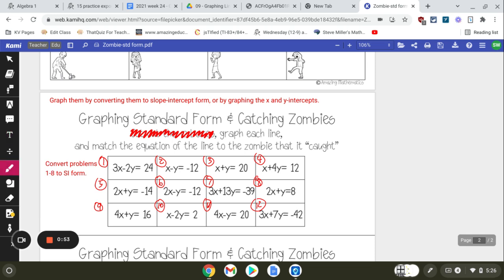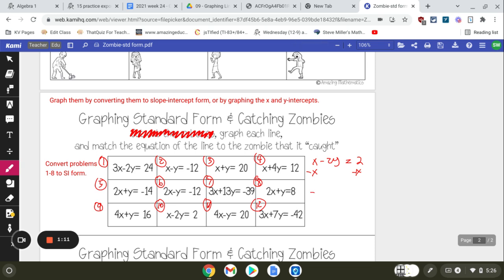So on number 10, you've got x minus 2y equals 2. To convert it to slope-intercept form, you want to get the y by itself. So you're going to subtract x to move that over.